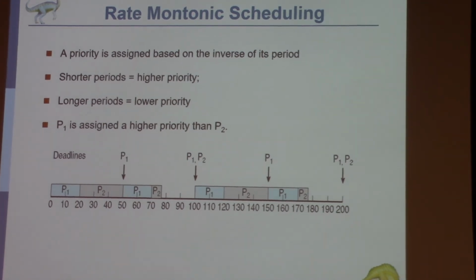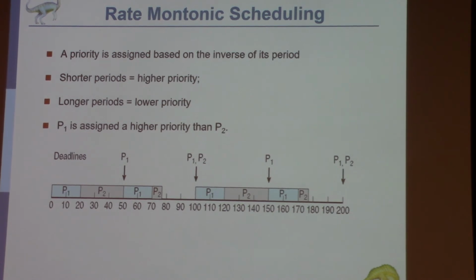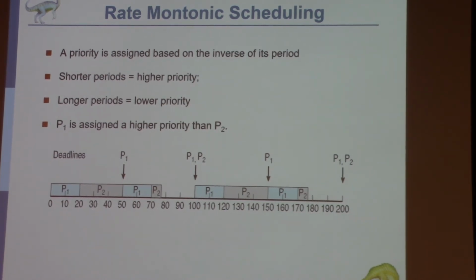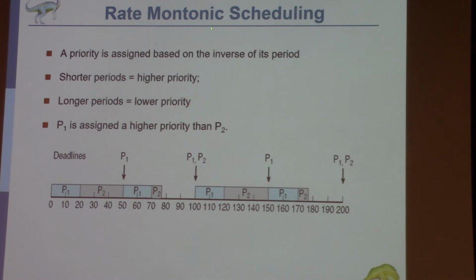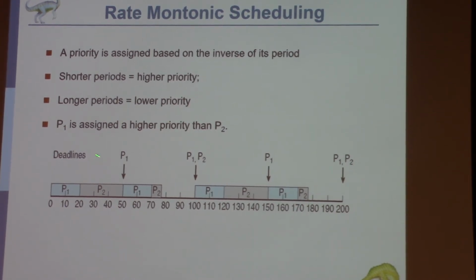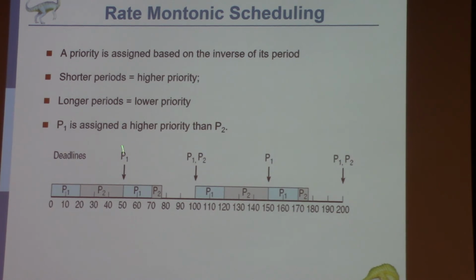We can always select P1 because it has a shorter period, shorter deadline. So that is rate monotonic scheduling. We consider the period or deadline of the process: shorter deadline, shorter period, higher priority.